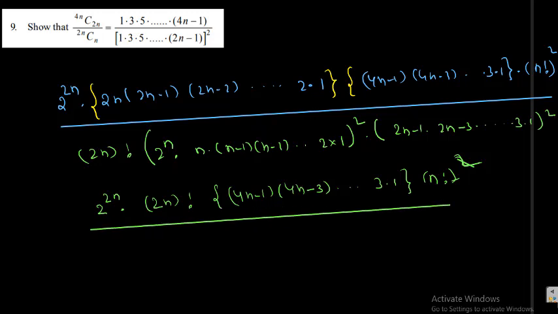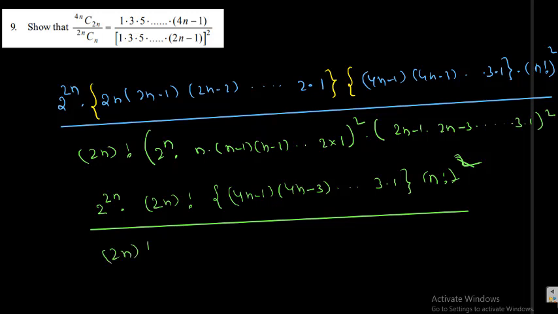Students, next thing is, this 2n factorial as it is, so 2 power 2n, that one, into this n factorial square, the remaining thing as it was, 1 into 3 into 5 into dot dot (2n minus 1) square.